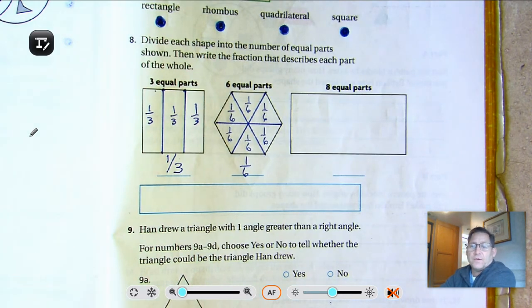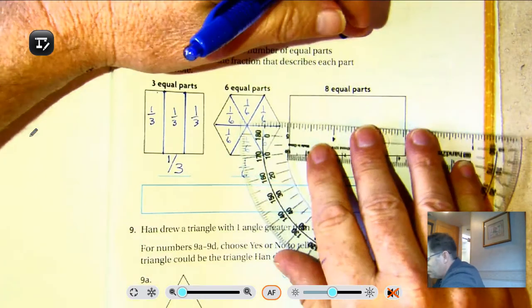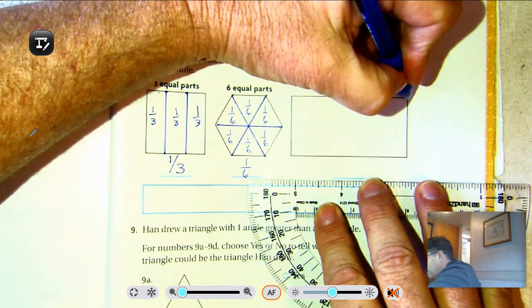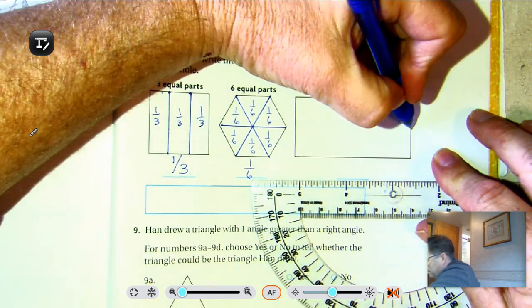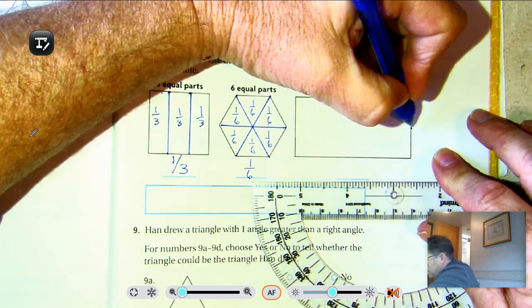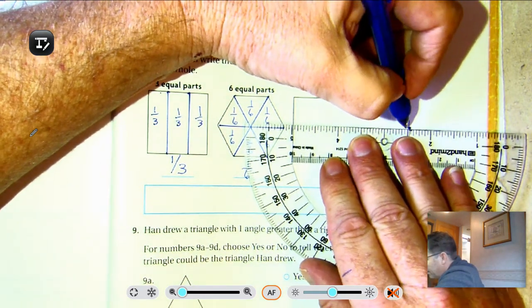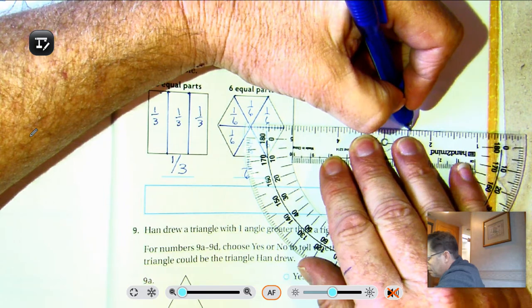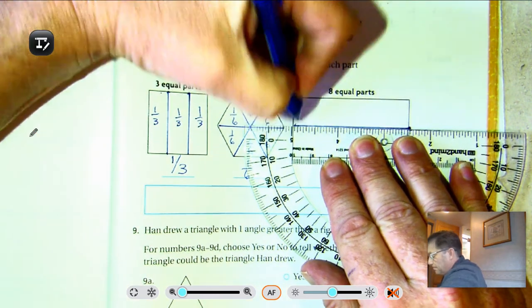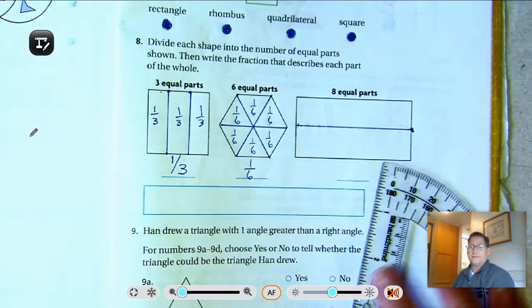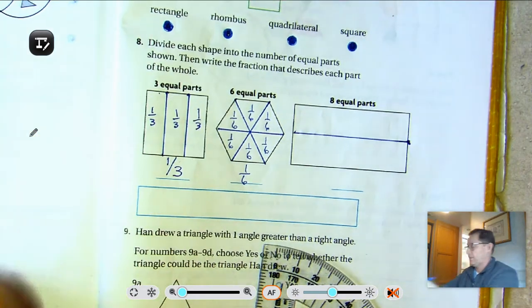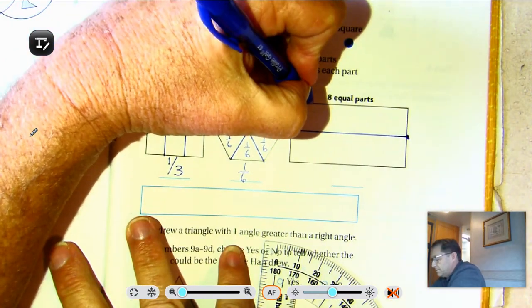And the final one, 8 equal parts. Try to find the halfway mark. And then take that and break it into 4 more sections.